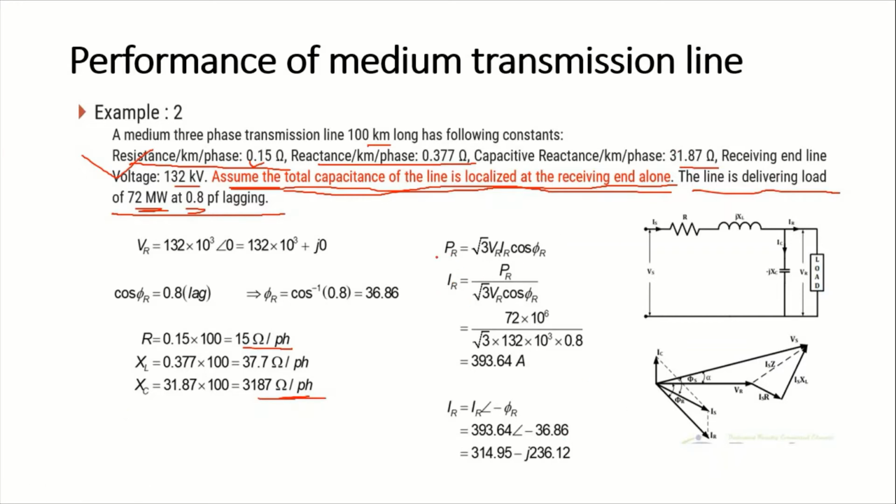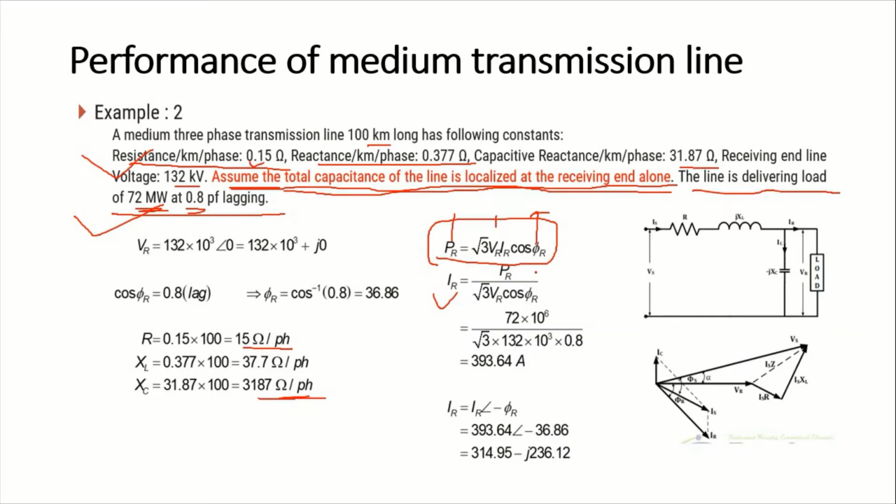Now, from the power equation we know that PR is the receiving end power, given as 72 megawatt. Using this power value we can find the receiving end current, because PR is equal to root 3 VR IR cos phi. PR, VR and cos phi are all known, so we can find IR.